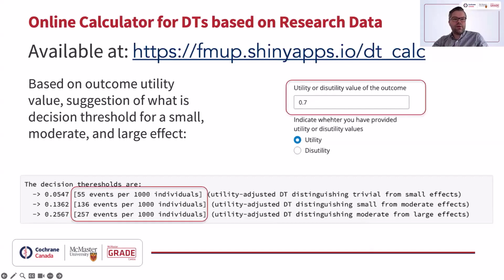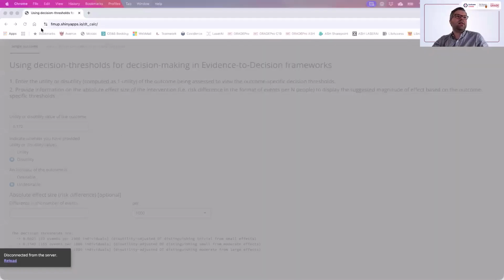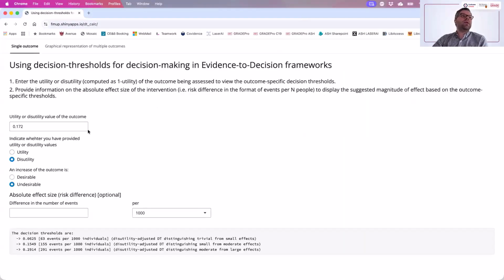And I'll briefly show what the calculator looks like online here. It's exactly as in the slides you just saw. Here, you select whether you're entering a utility or disutility value, which is 1 minus utility, and whether the increase of the outcome is desirable or undesirable to set the direction. Optionally, you could also include your absolute effect size, so your risk difference from your systematic review, your actual pooled effect.